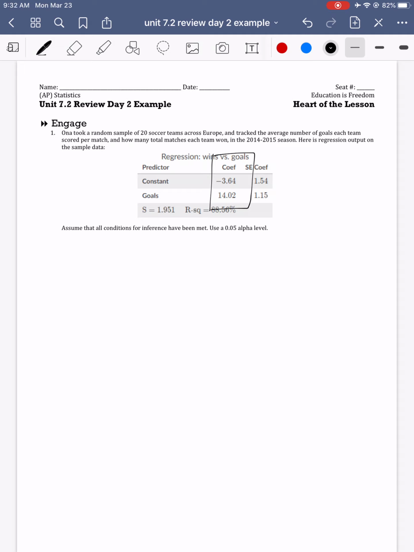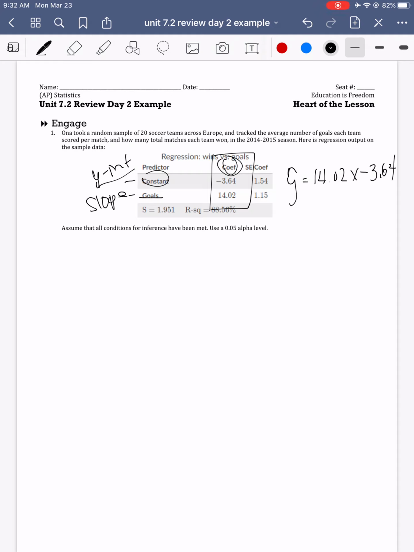Just as a quick refresher, we would have y hat is equal to 14.02x minus 3.64. In the constant row, that is our y-intercept value. The coefficient of the constant is the y-intercept, and the coefficient of this variable here is our slope.